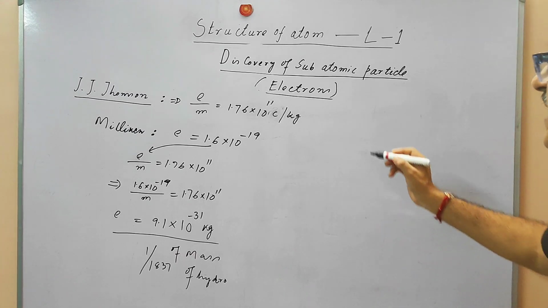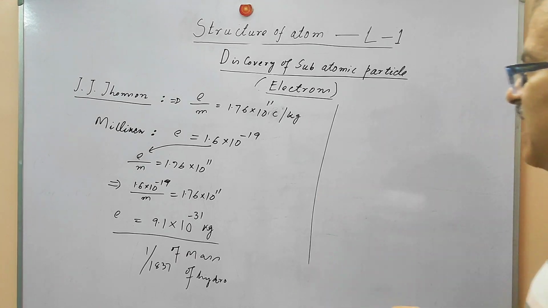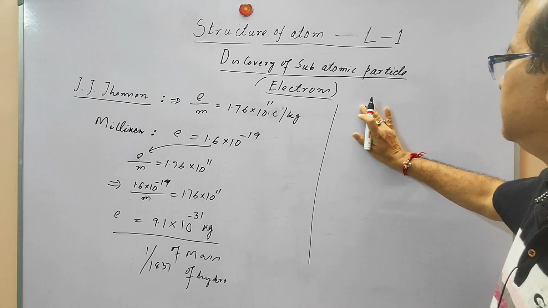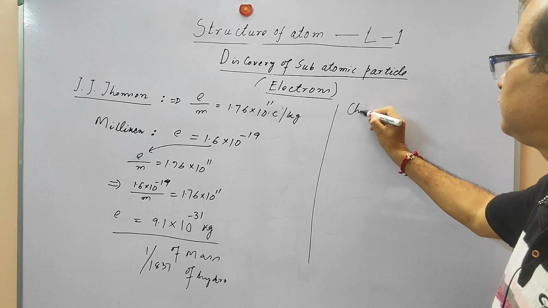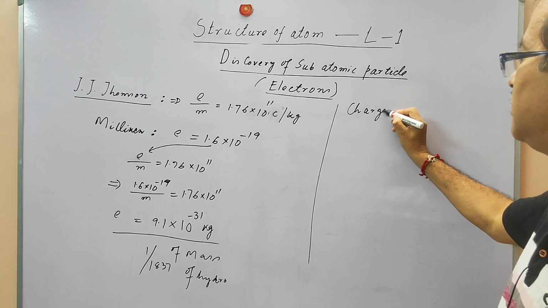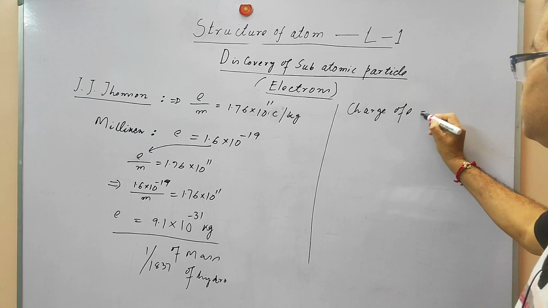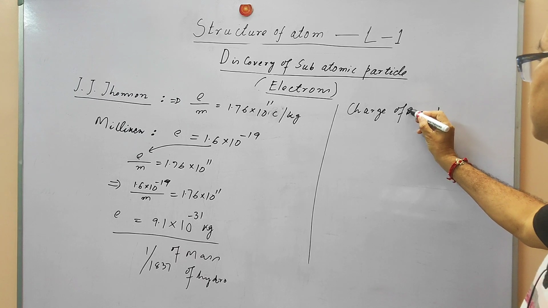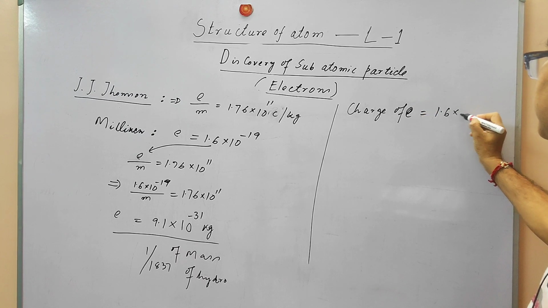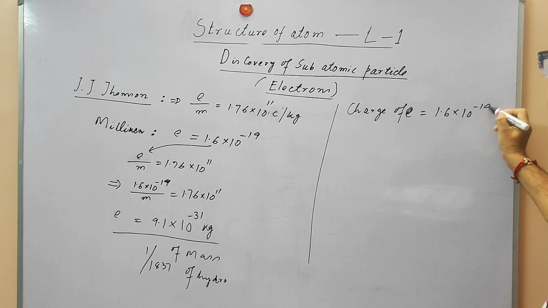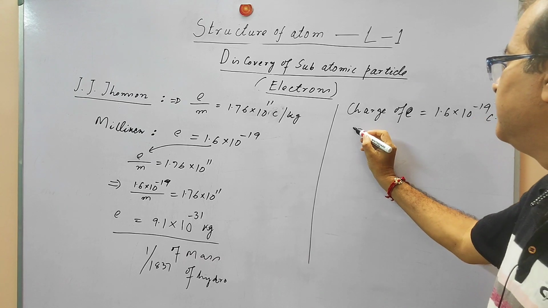So we can now understand what the charge is. The charge of the electron is 1.6 into 10 to the power minus 19 coulomb.